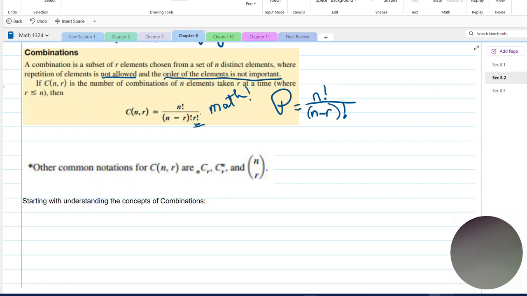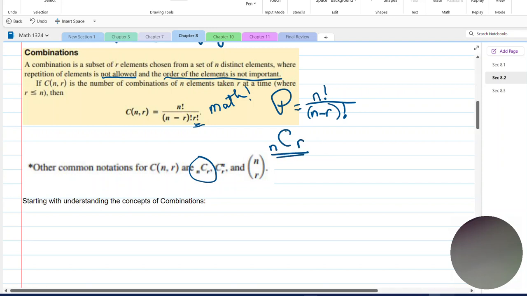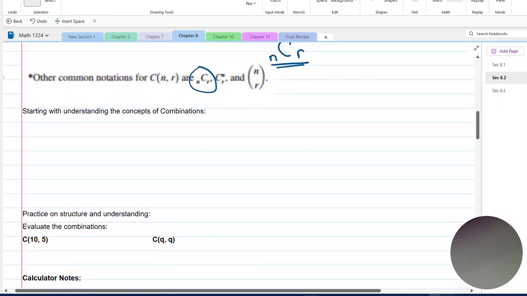So here are some other notations. Now, this is the one I use, nCr. That is our rule here. And I've seen all of those used for statistics.